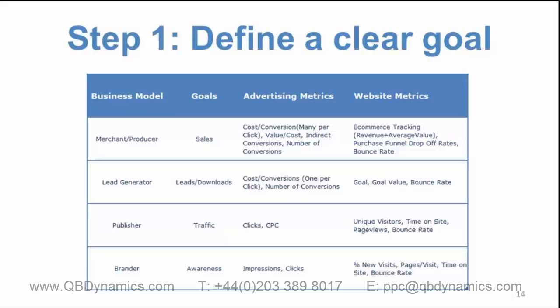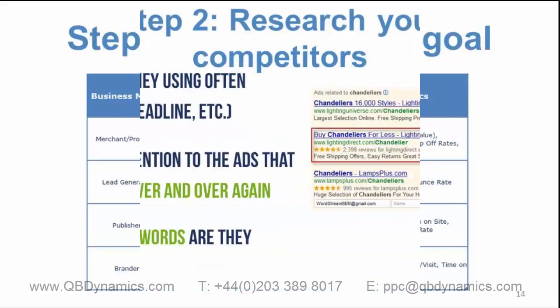A publisher, somebody who is publishing content online, may just be looking for traffic. A brander, however, could just be looking for awareness of their brand. Now, depending on the type of business that you have and the goals of your campaign, these things will change. You need to make sure that you're clear about what you're looking for. Now, of course, your strategy in your campaign, how much you're willing to spend, and things like that will vary.